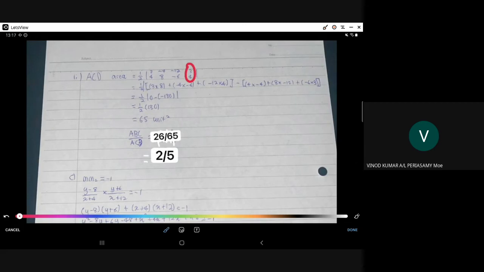Okay, so cross multiply. 3 times 8 plus -4 times 6 plus -12 times 4 back. Then minus 4 times -4 plus 8 times -12 plus -6 plus 3. Then after calculating we find 65 unit square.